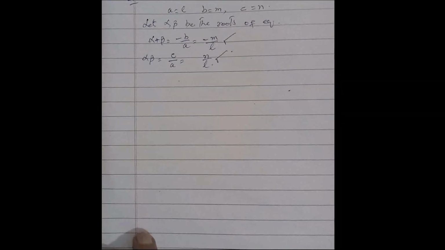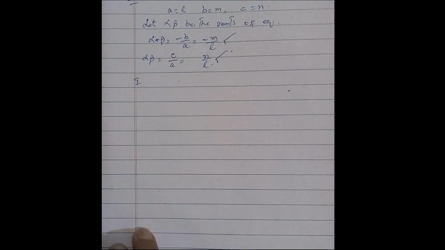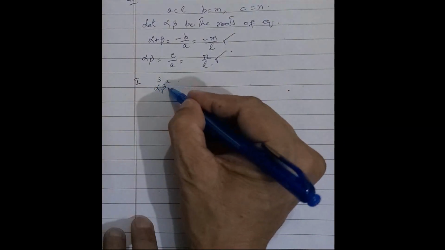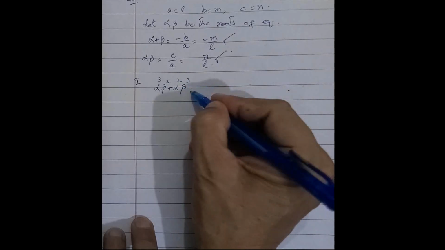Now let's start part 1, in which we evaluate alpha cube beta square plus alpha square beta cube.